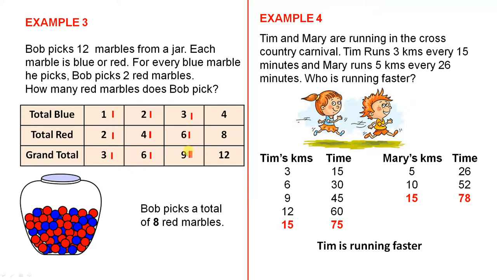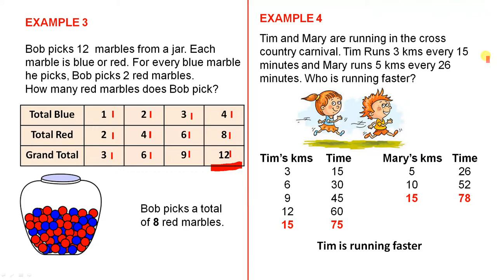That's a total of 9. If he picks 4 blue marbles, 8 red, for a total of 12. So there's our total of 12. And the question says, how many red marbles does Bob pick? He picks 8. So Bob picks a total of 8 red marbles.